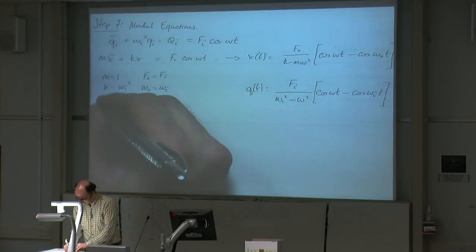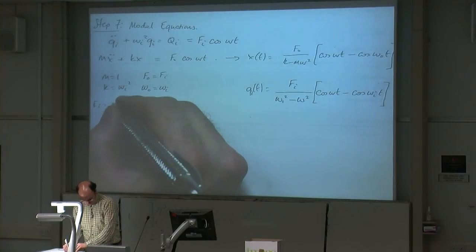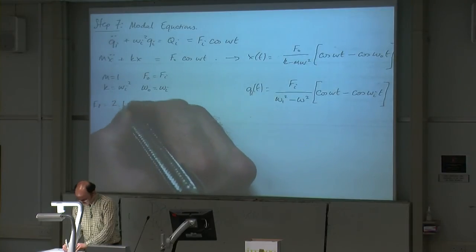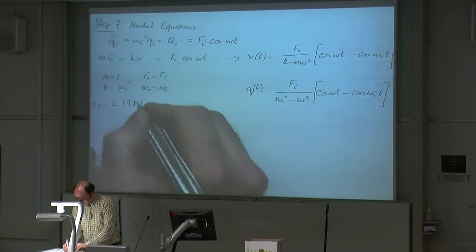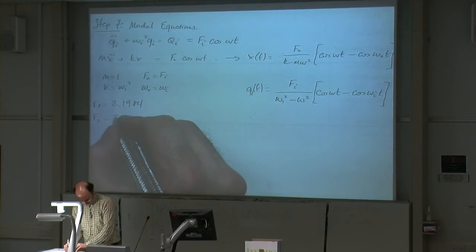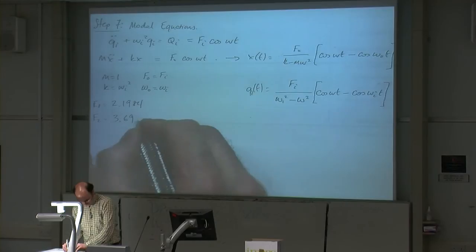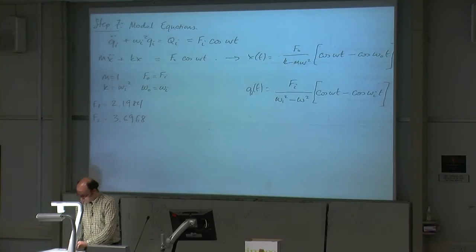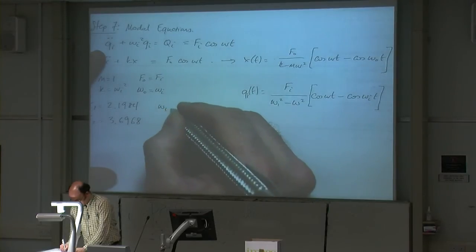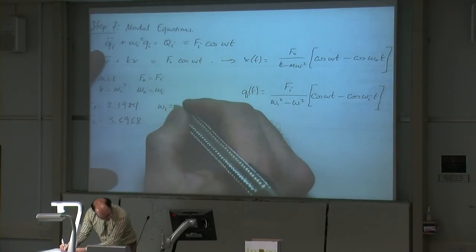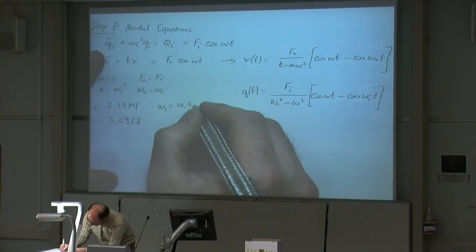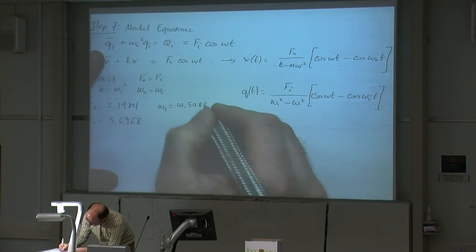Now from the solution we have f1 is 2.1984. f2 is 3.6968. Omega 1 is 14.5482.